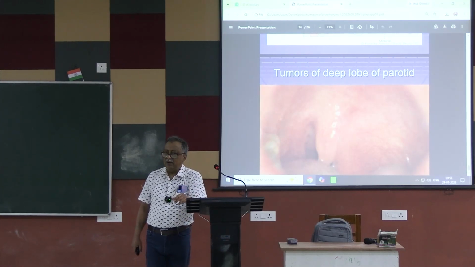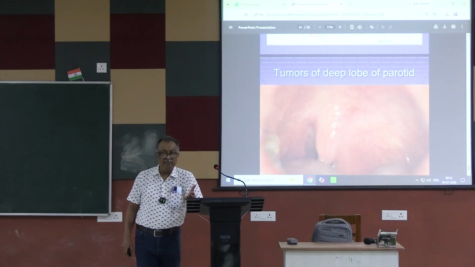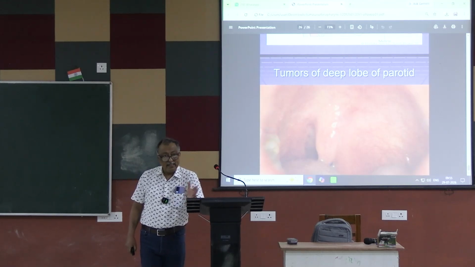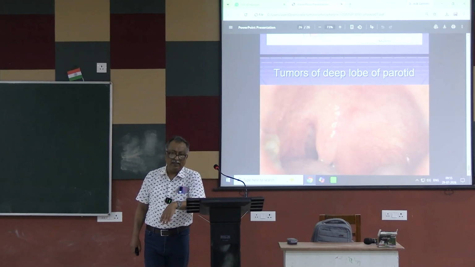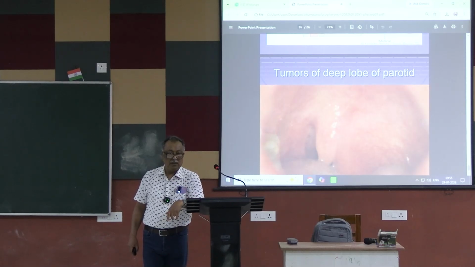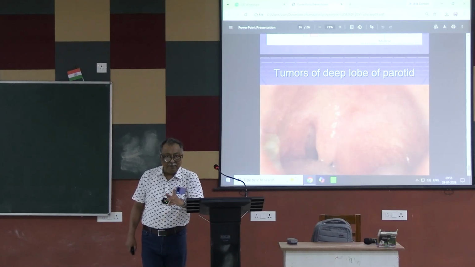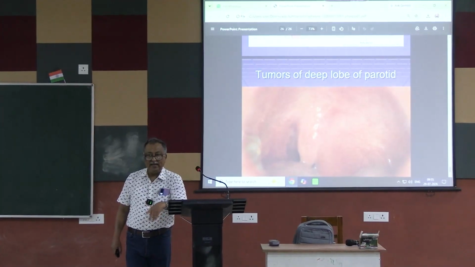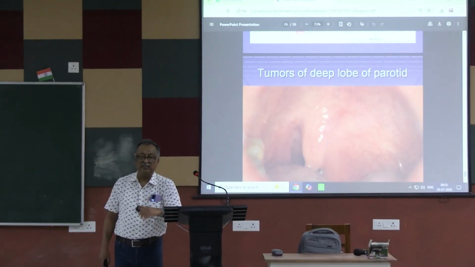Normally, the styloid process is 25 millimeter in length. When it is more than 30 millimeter, then we call it a styloid elongation. But that is not sufficient. You should palpate through the tonsil. If it is palpable through the tonsil, then it is a case for surgery.